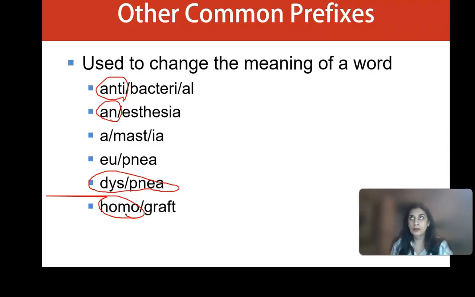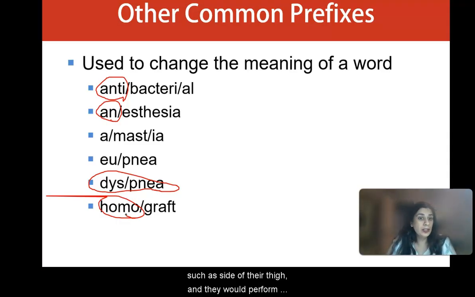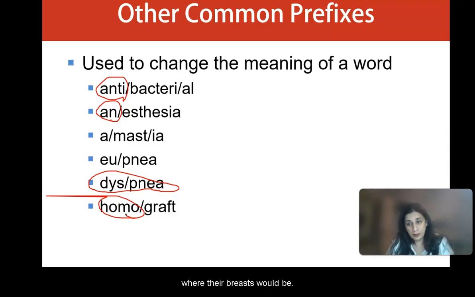And after some time has gone by and their body has healed a little bit, they have a mastectomy, which would be removal of their breast. So a doctor would probably remove some part of their muscle from a healthy part of their body, such as the side of their thigh, and they would perform reconstruction surgery, and they will perform a graft where their breasts would be previously.